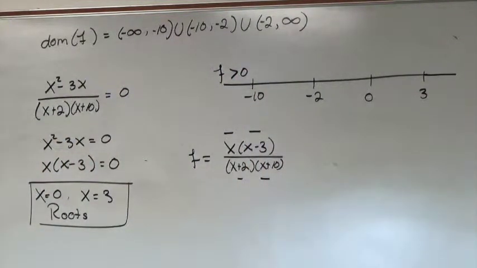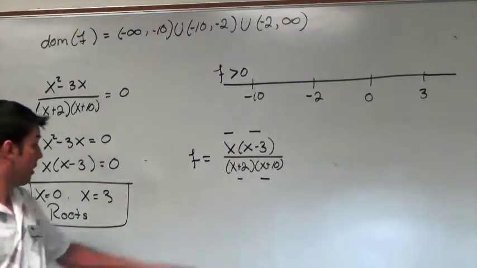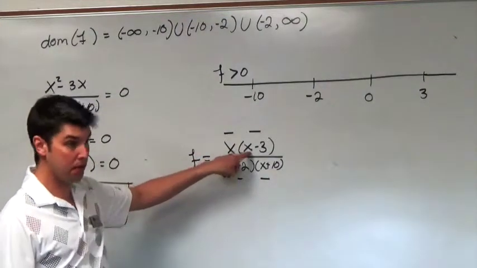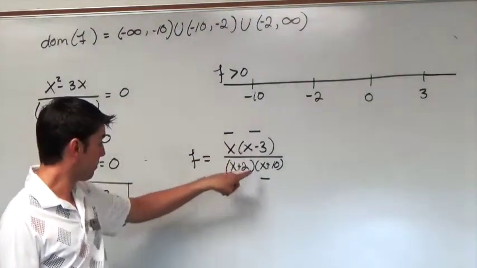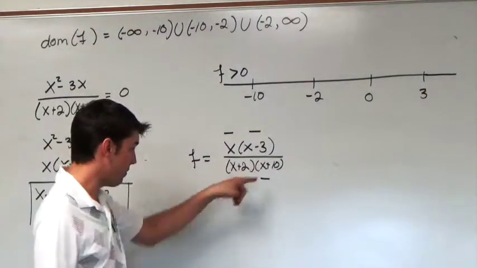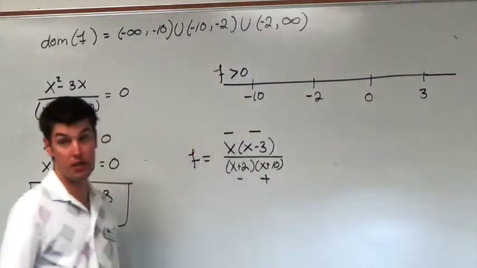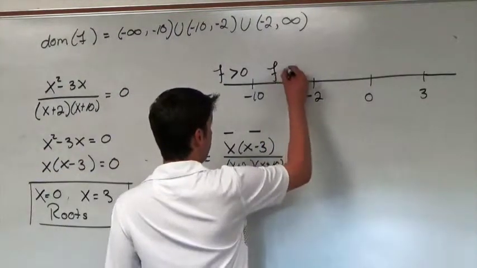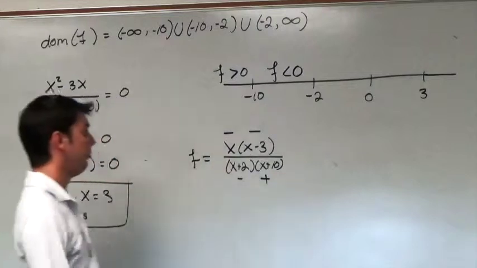Pick a number between -10 and -2. I choose -3. If x is -3, then x is negative. -3 minus 3 is negative. -3 plus 2 is negative. But -3 plus 10 is now positive. 3 negatives and a positive will multiply and divide to be negative. All right.